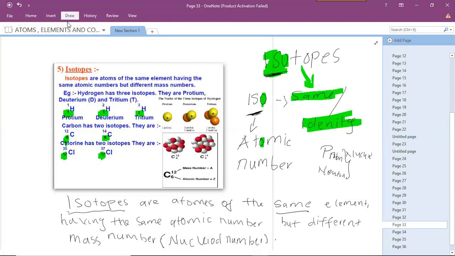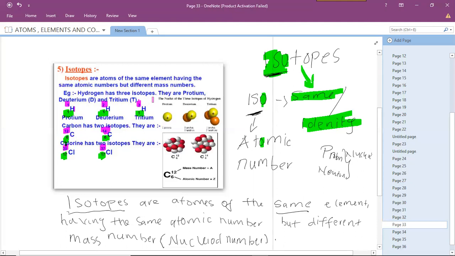But what will be different is the size of their nucleus. Most of them are going to have more neutrons, increasing the mass number by a bit, maybe by 1 or 2. So for hydrogen, we've got hydrogen which is 1, deuterium with 2, and tritium which is 3.